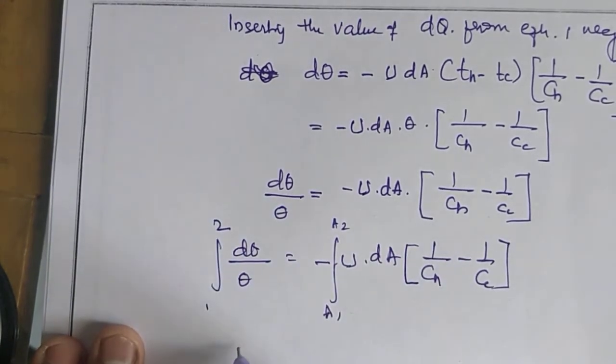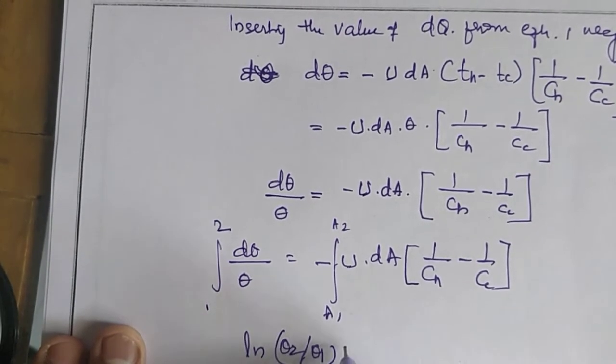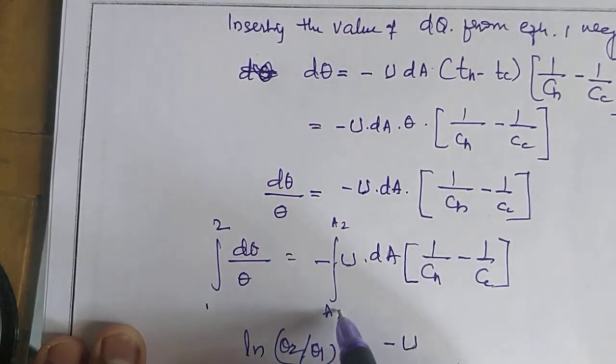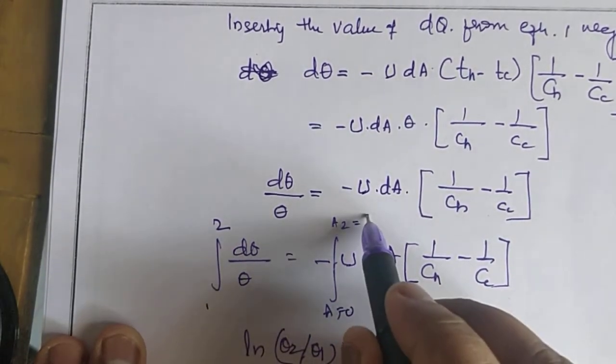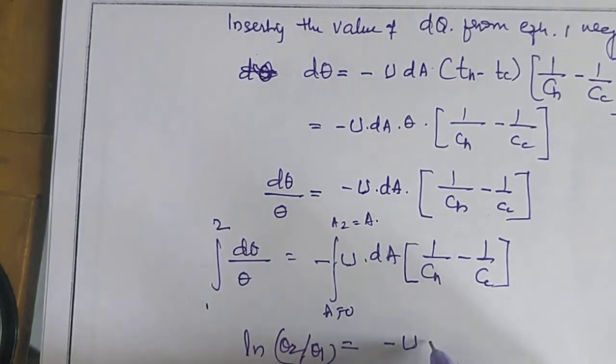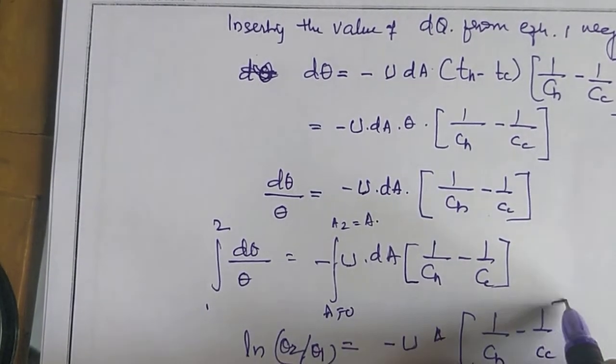So this becomes ln of theta 2 by theta 1 is equal to minus U A (1 by CH minus 1 by CC).